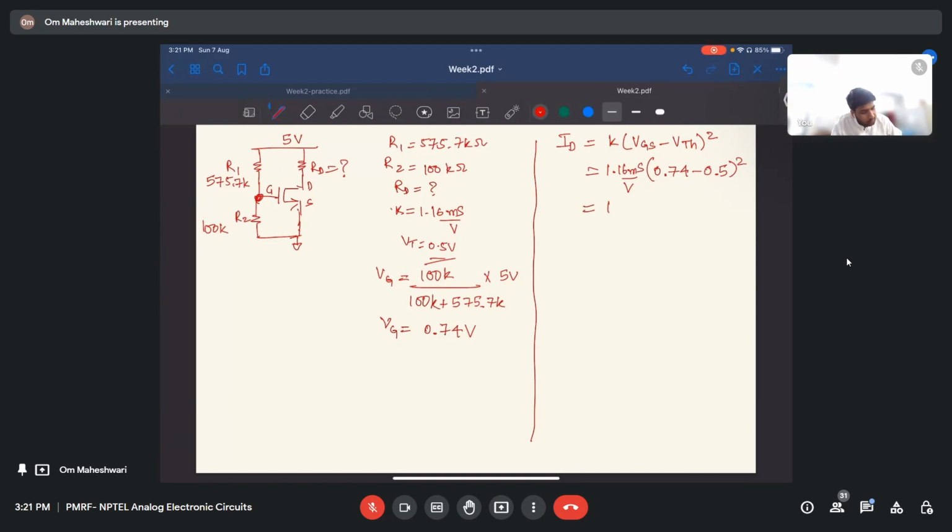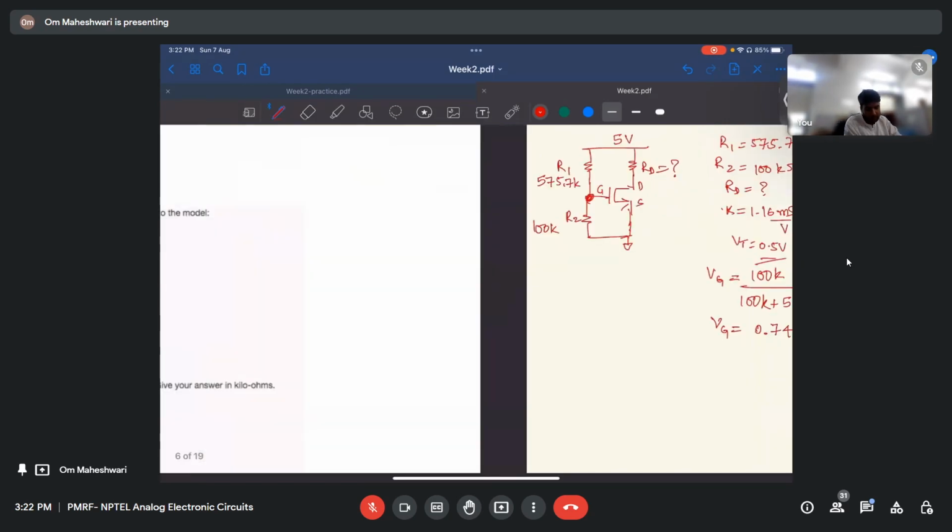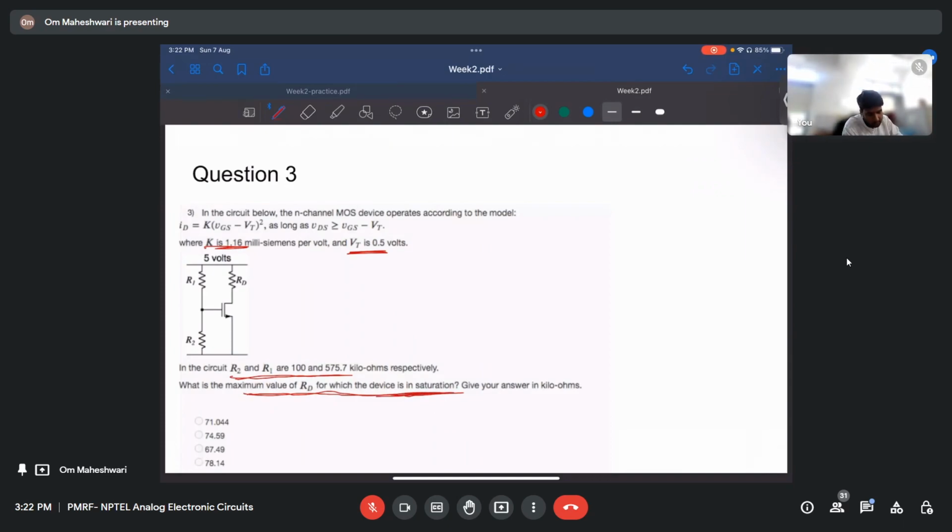It is 1.16 into 0.24 square. So it will come out to be 0.0668 milliamperes ID. Okay, now we have to find RD for which the device is in saturation, right?